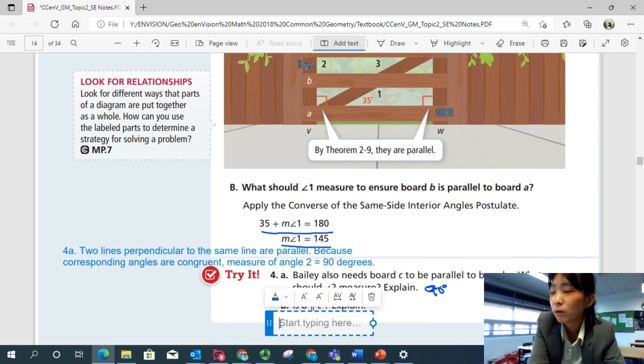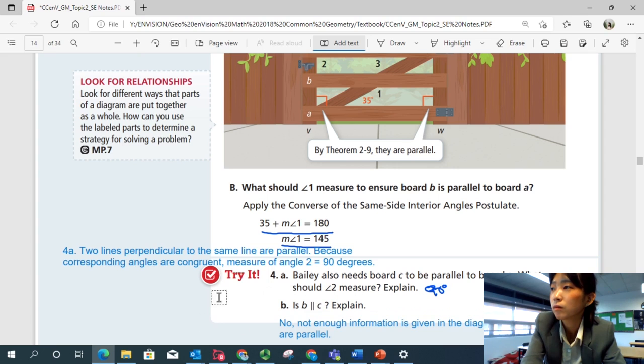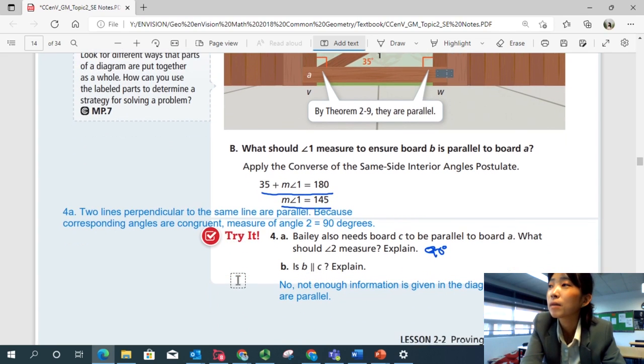So why don't we just say no? Not enough information is given in the diagram to show that they are parallel. Okay, so it really depends on your given information.